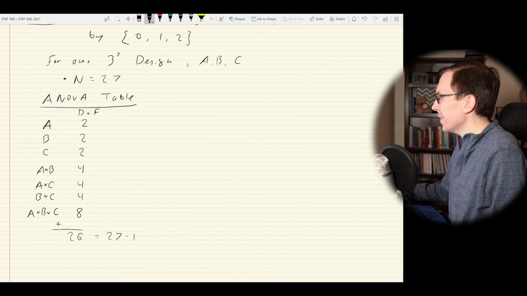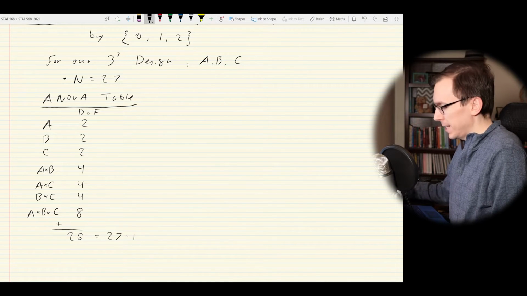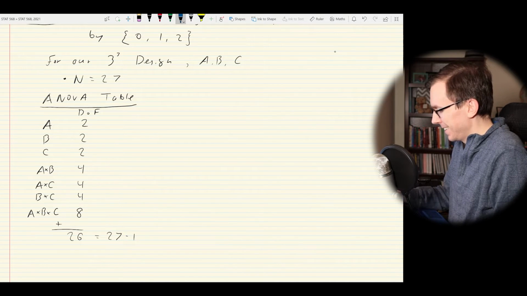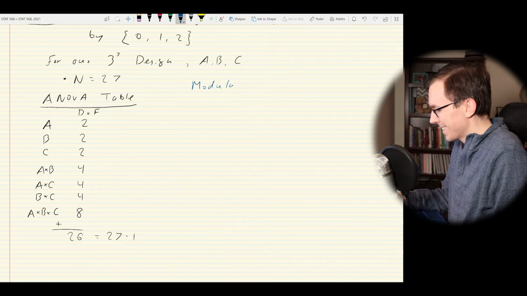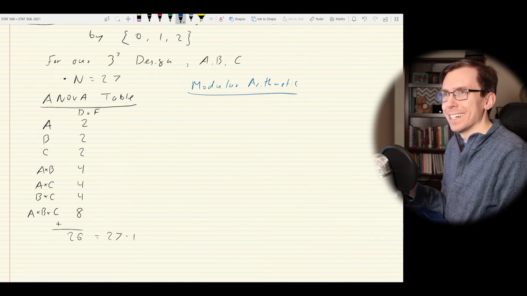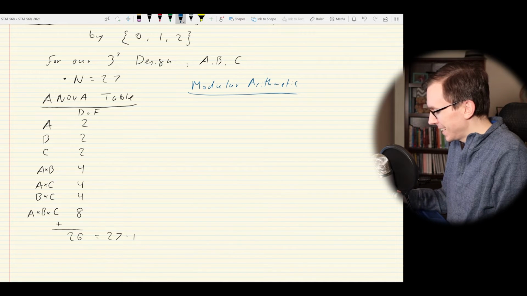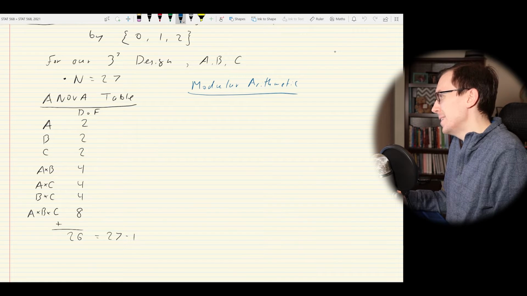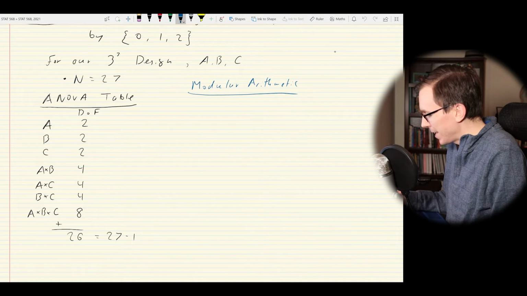Okay, so where do we go from here? Well, the first thing that I wanted to point out is maybe we could do a little bit of arithmetic, modular arithmetic, that is. Just to make sure we know what modular arithmetic is in case you haven't done that before, I can add up two numbers mod 3, which is what we'll be doing here.